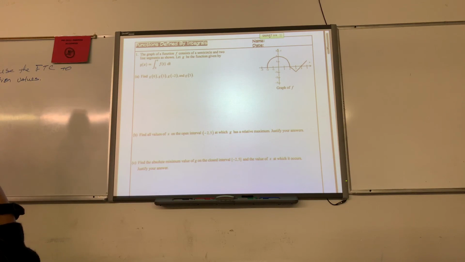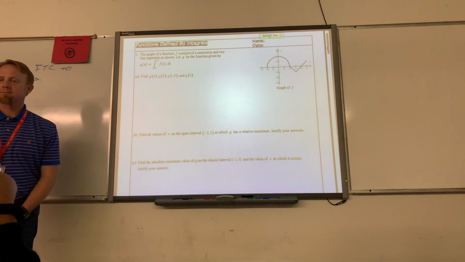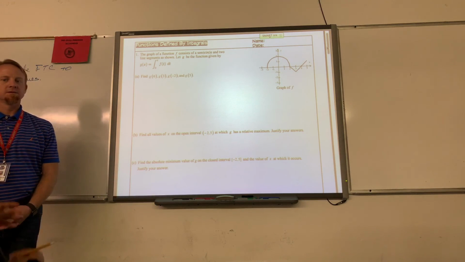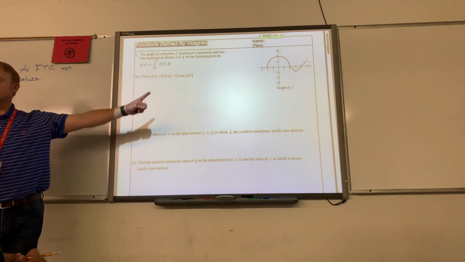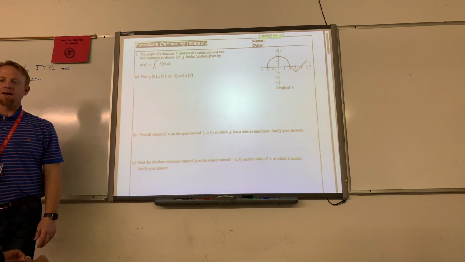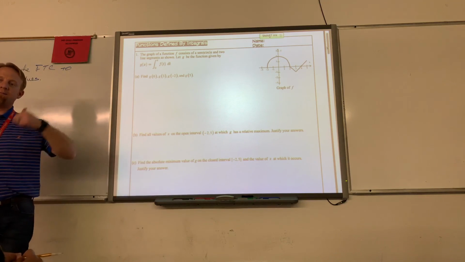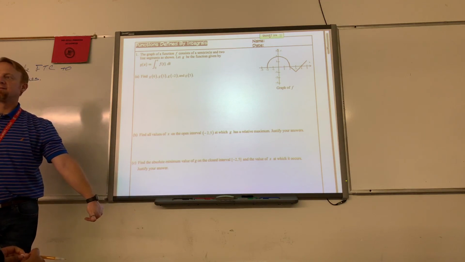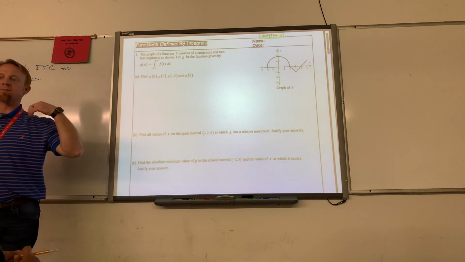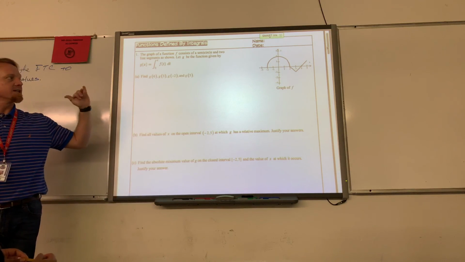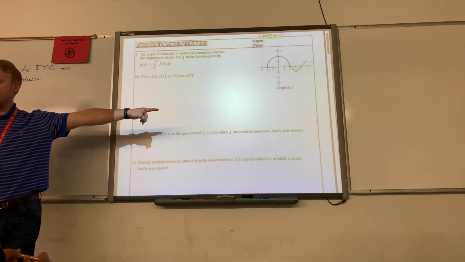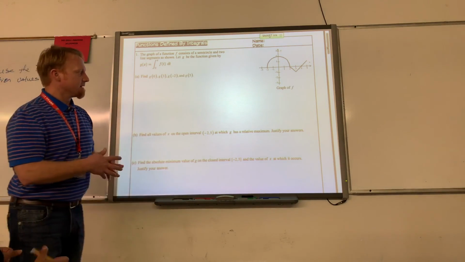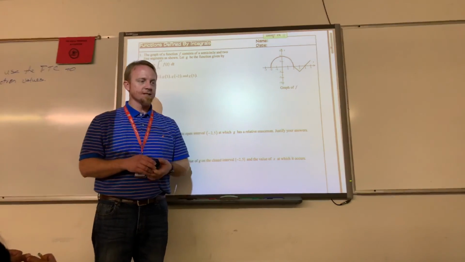What can you tell me about G double prime at 3? What is the graph doing at 3? What do I have there? I have a cusp. And if I have a cusp, then that means the function is not differentiable there, so the derivative is undefined. So G double prime of 3 is undefined, is what I'm wanting to get out of it. Okay. That covers that. That should give you enough information to finish up that assignment.